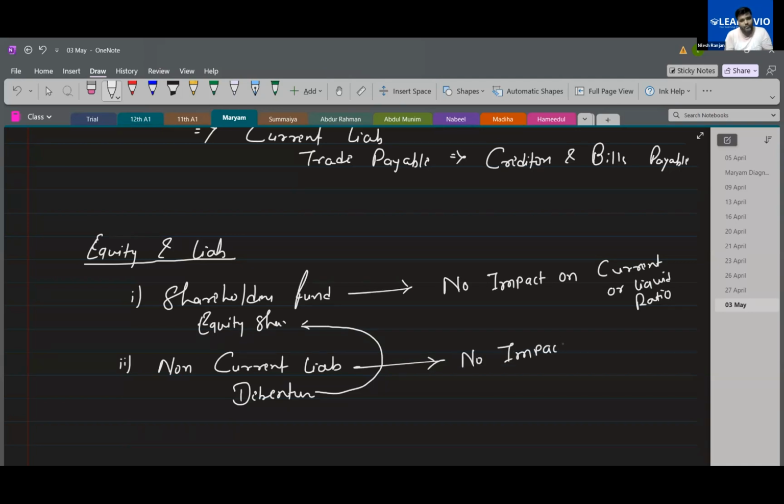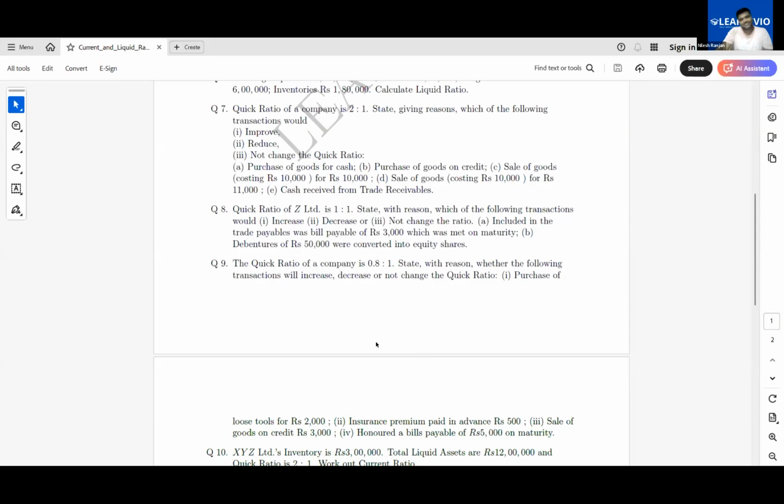If there is any change in these two, there will be no change. So that's why there will be no change in liquid ratio, because these two are not part of current assets and current liabilities. Clear? Okay. Now question number 9.